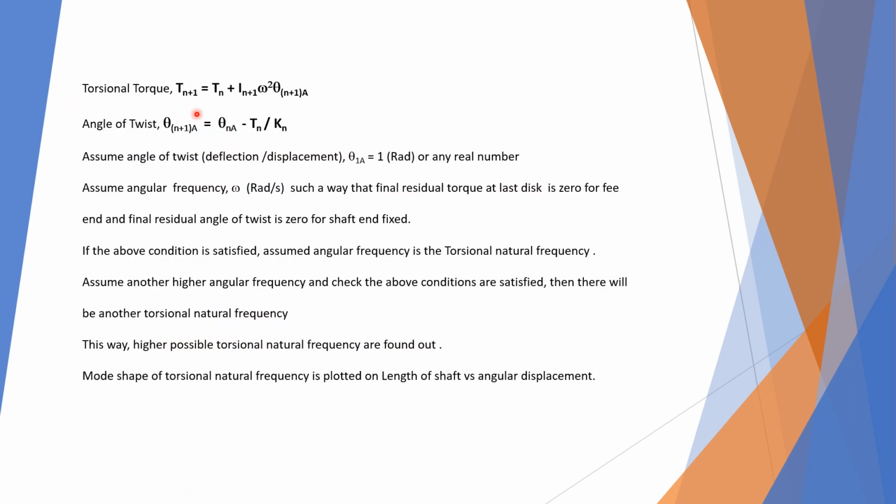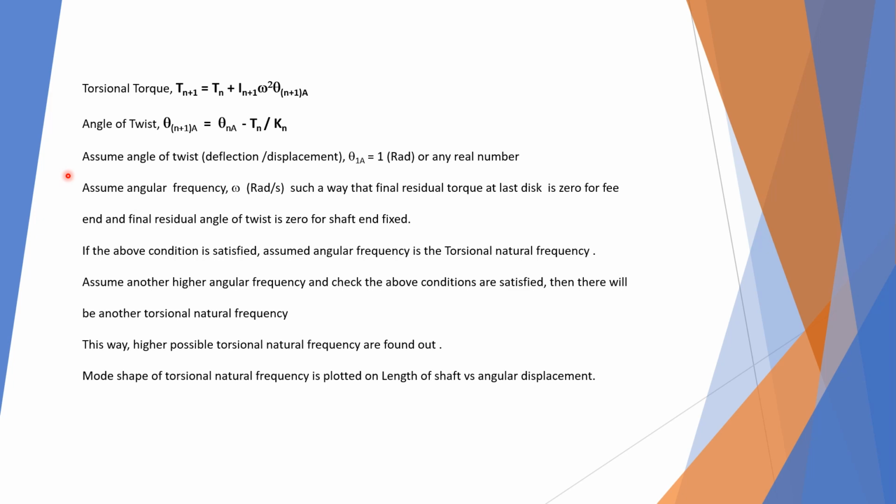So the generalized equations we know: for torque, T(n+1) is equal to Tn plus I(n+1) into omega square theta(n+1)a, and for angle of twist, theta(n+1)a is equal to theta na minus Tn upon Kn.